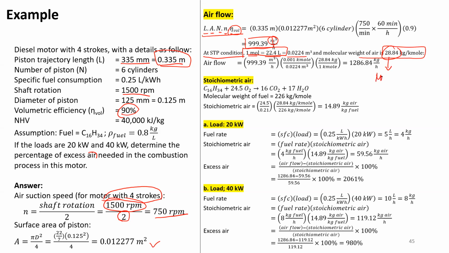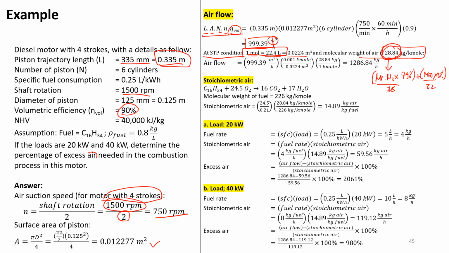So the Mr of nitrogen multiplied by usually 79% of the nitrogen in the atmosphere, and the molecular weight of oxygen multiplied by 21%. So you can calculate it. The Mr of nitrogen is 28, and oxygen is 32 grams per mole, and you will get this.